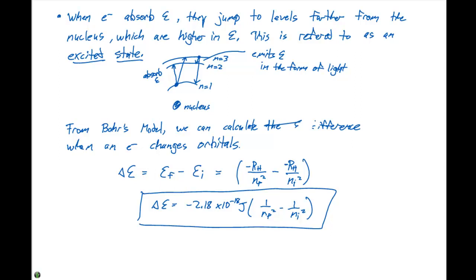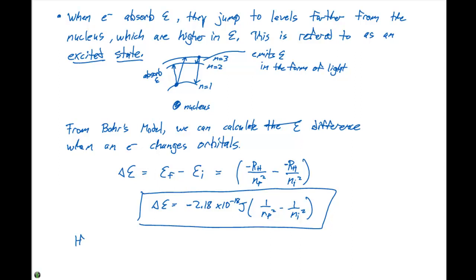And this equation right here is going to be our Bohr equation that is going to tell us what the energy is that's either emitted or absorbed in exciting an electron from a ground state to an excited state, or emitting energy as an electron goes from an excited state down to a ground state. This negative sign here is going to indicate whether that energy is absorbed or emitted.